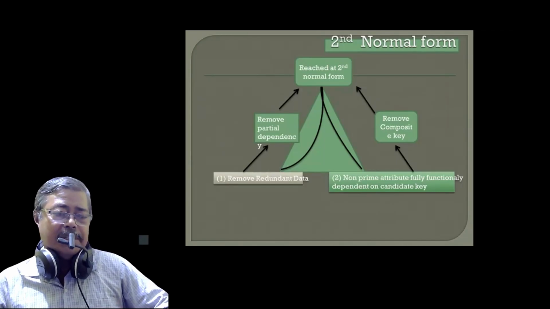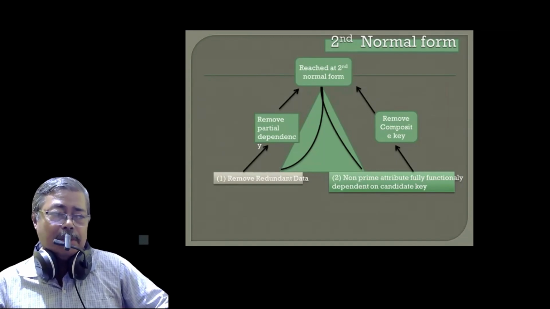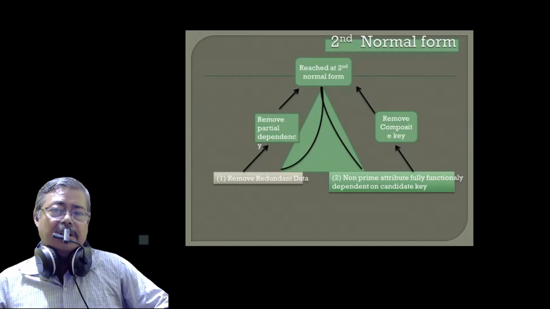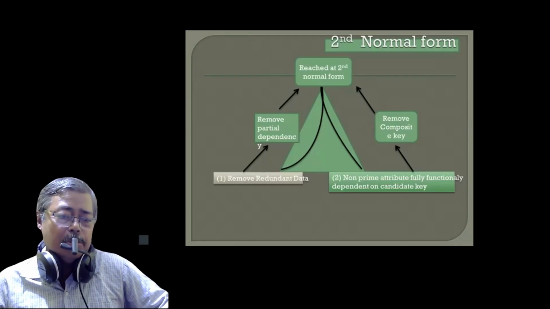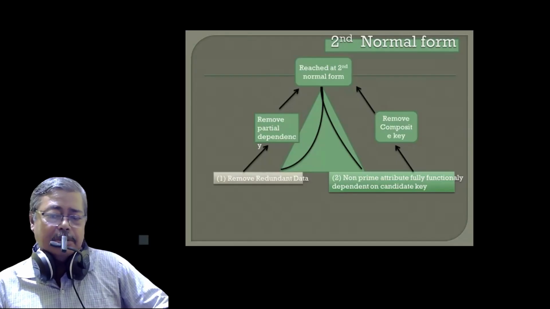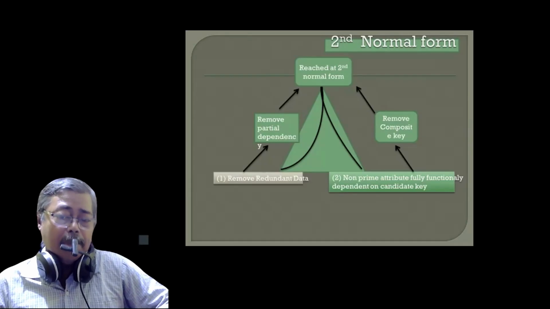So remove the redundant data, and the non-key, non-prime attributes must be functionally dependent on the primary candidate key. First, we remove the redundant data, and second, we remove the composite key.